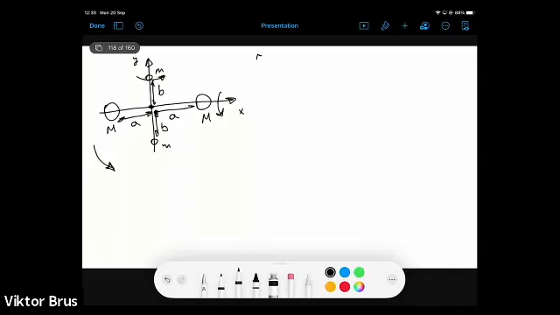So let us consider first the moment of inertia with respect to rotation about axis y. We know that the moment of inertia is the sum over all masses times the distance to the axis of rotation squared. Now we neglect the size of these bodies with respect to these distances, so we assume that the size of the bodies is much smaller than the distances from the bodies to the axis of rotation.